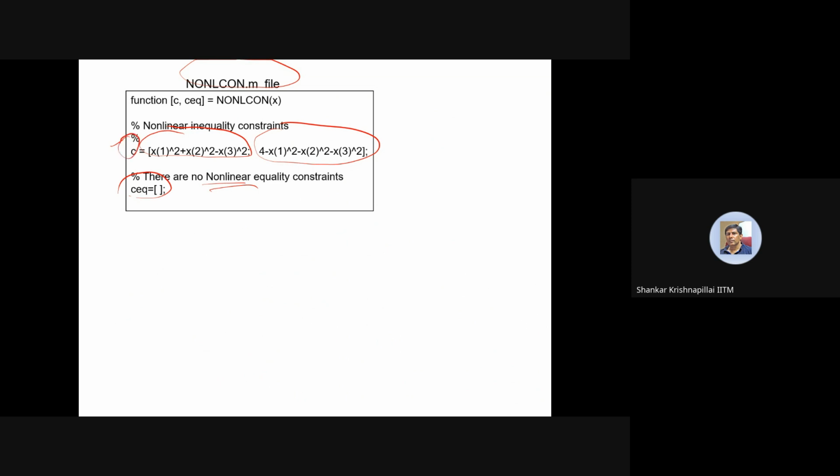If you look at this vector C, it will have C1 and C2. C1 will store the value of G1 and C2 will store the value of G2, and these values will be sent back to the main program.